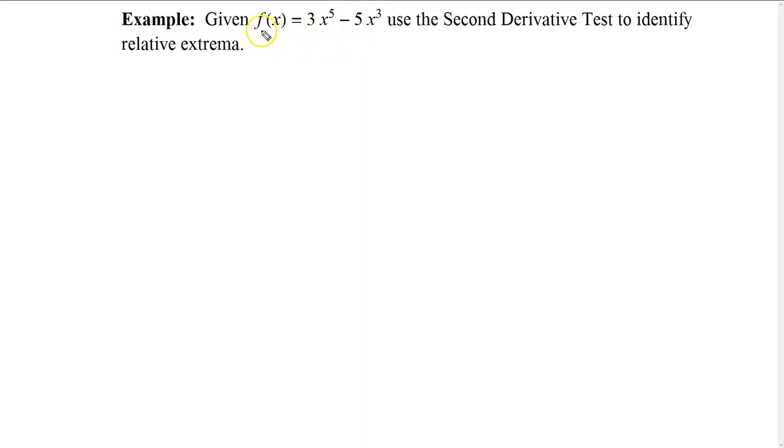Now here we're given the function 3x to the fifth minus 5x cubed, and we want to use the second derivative test to identify relative extrema. So the first thing we need to do is find where we have potential relative extrema. So that means we want to find where the first derivative is equal to 0 or does not exist.